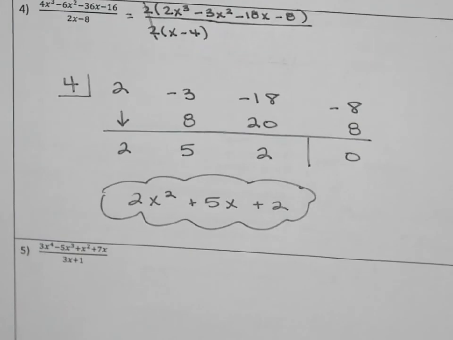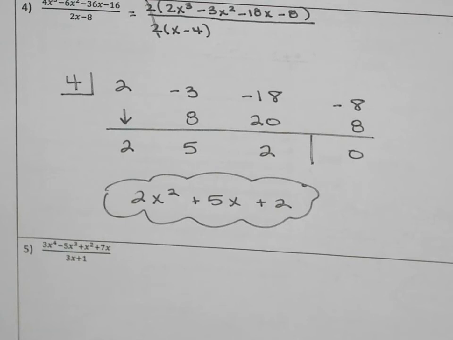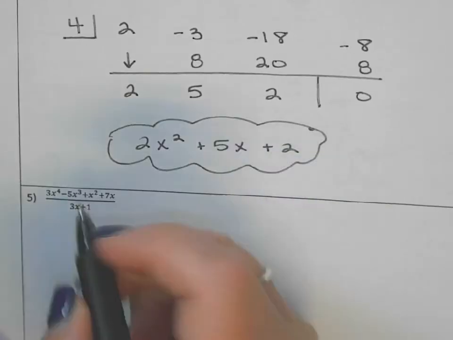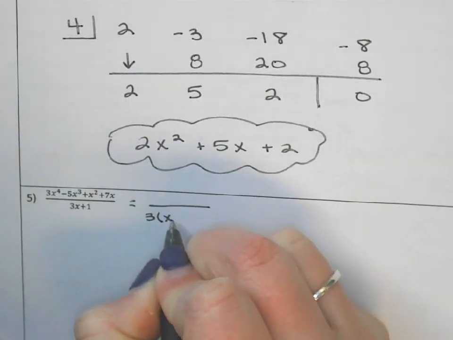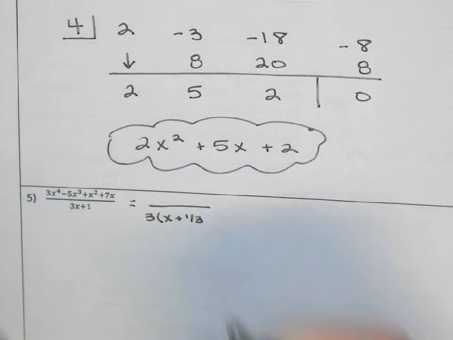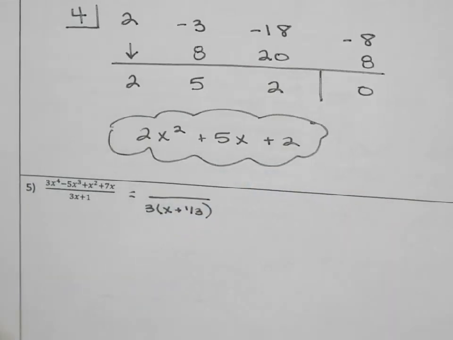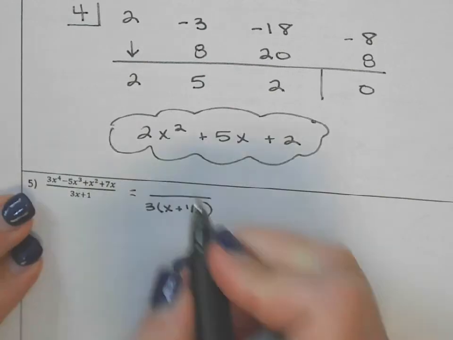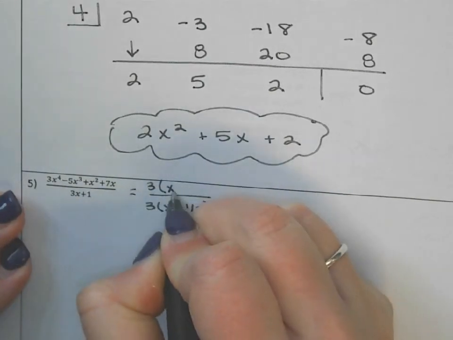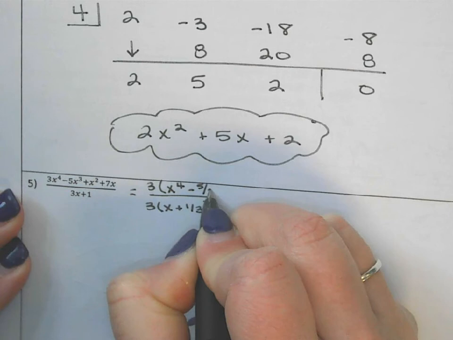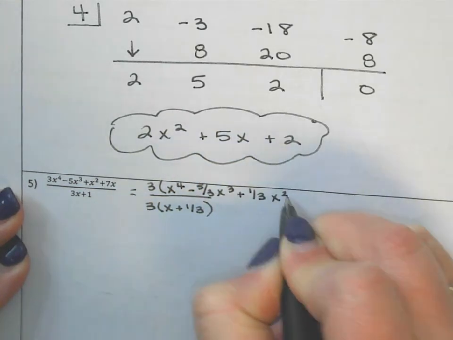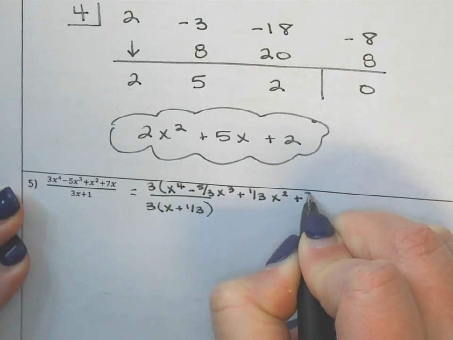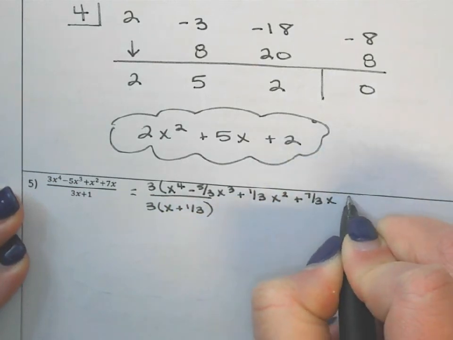All right, so this last one, I'm going to show you why this gets super messy. Okay? If you factor out the 3 on the bottom, we have x plus 1/3. See it? Okay, if we factor out a 3 on the top, we're now going to have x to the 4th minus 5/3 x to the 3rd, plus 1/3 x squared, plus 7/3 x, plus 0.